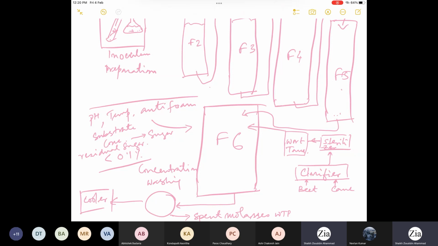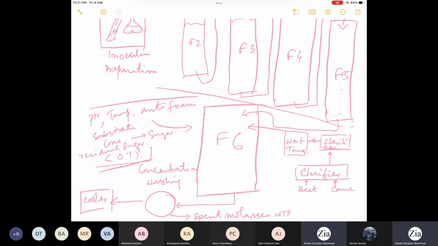So in the first 5 stages, you intend to grow the same species at a higher concentration, and in the final fermenter, you maintain your environment in such a way that you get a substantial amount of biomass and very good utilization of sugar. When you have this very good utilization of sugar, essentially most of the sugar will get converted to biomass.